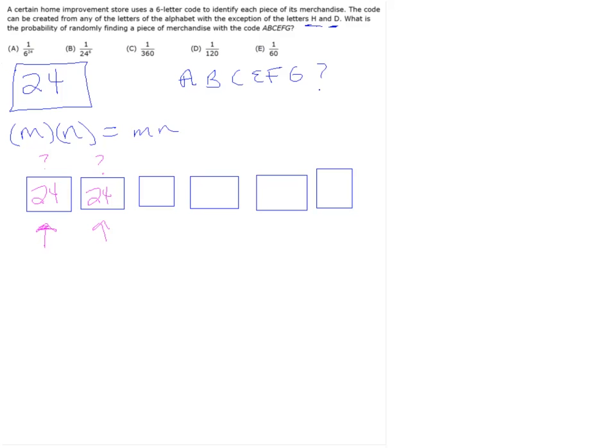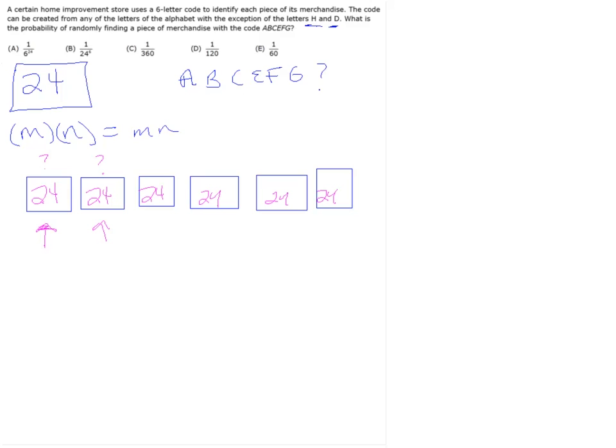So it could be 24 letters in the second part of the code, and 24 letters in the third part, 24 letters, 24 letters, and 24 letters. Because remember, each piece of merchandise has a 6-letter code, and there are 24 options for each part of the code.